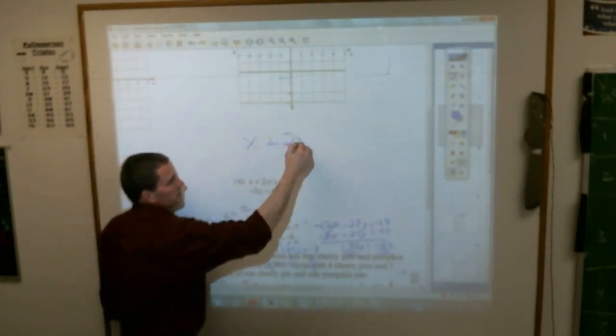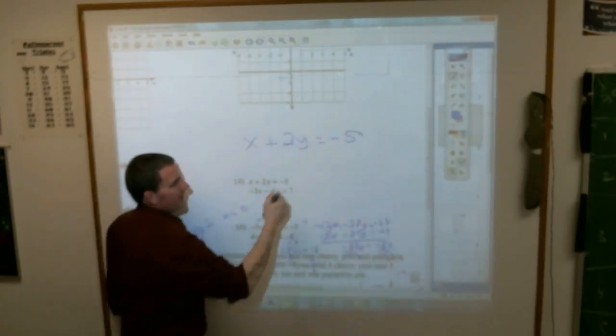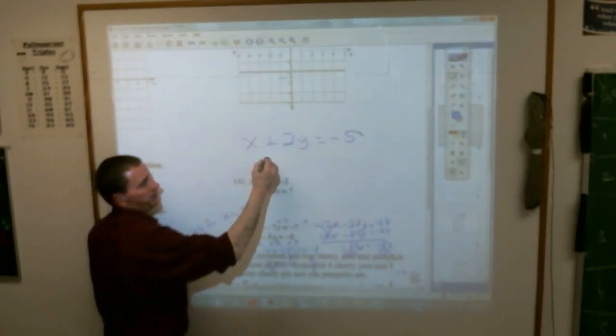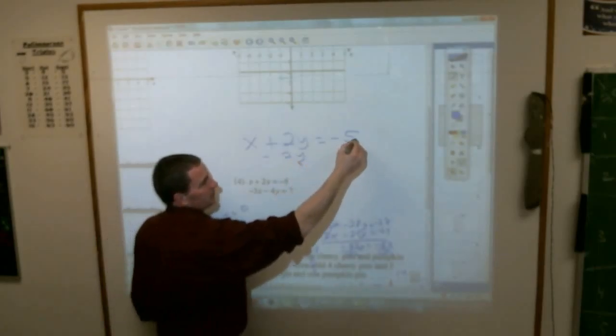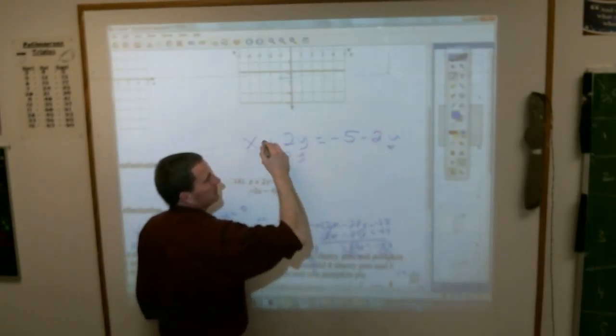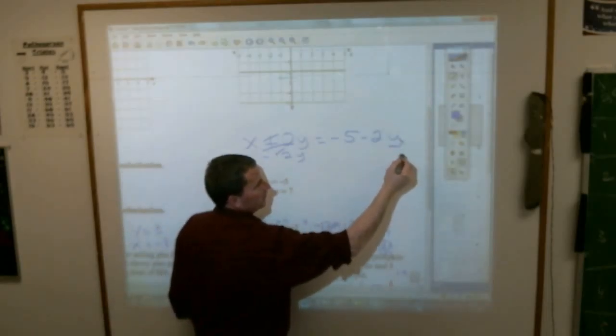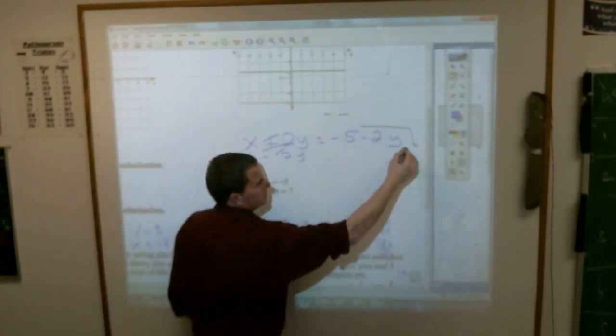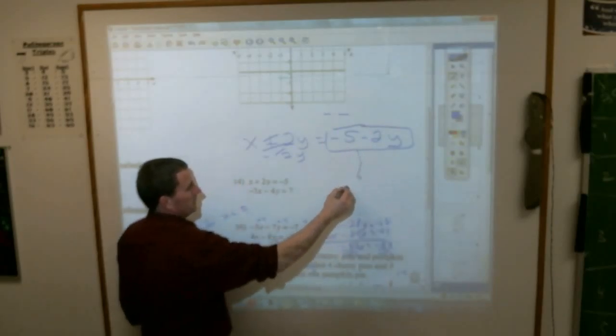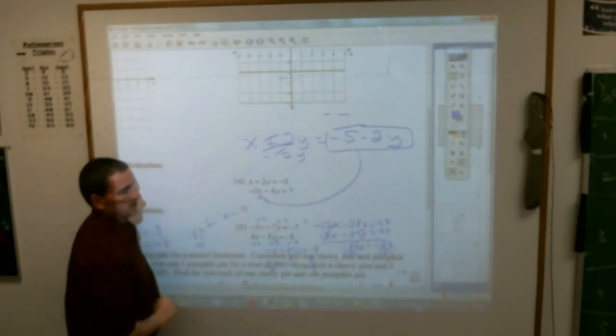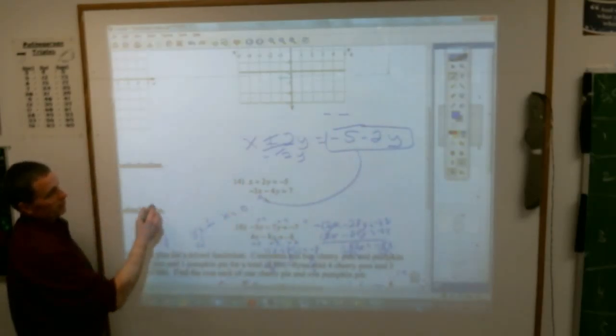Top one, right. I want x plus 2y minus 5. I want to solve it for x, so I'm going to subtract 2y to the other side. So now I know what x by itself equals. And then once you know what x equals, you take what x equals and put it in for what x is right there. So it's going to look like this.